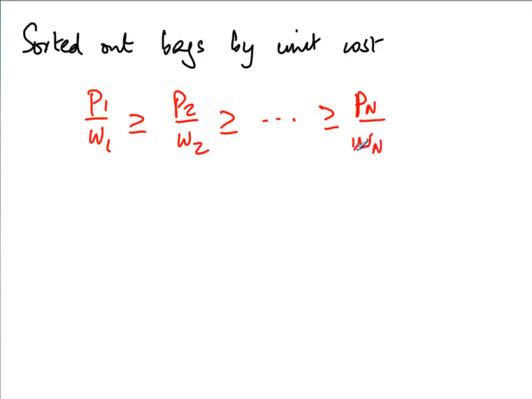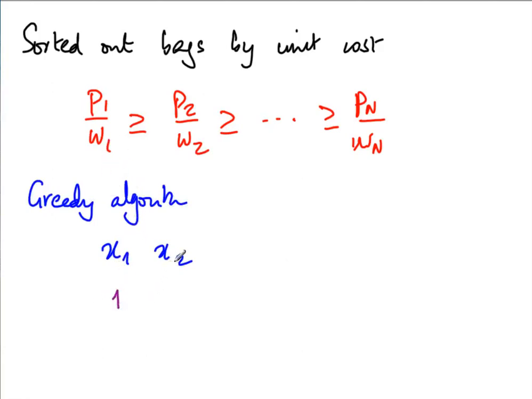What we had done in our greedy algorithm is that we constructed x1, x2, and so on. We would try to pick up as much of the first bag as possible. In general, we would pick up all of the bag.